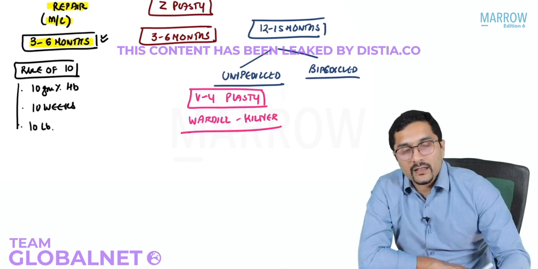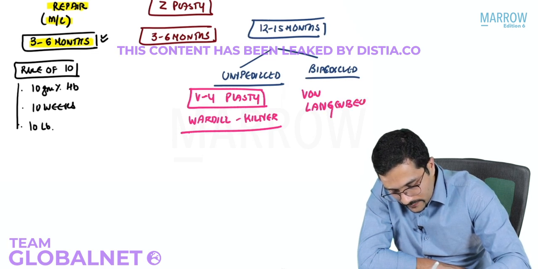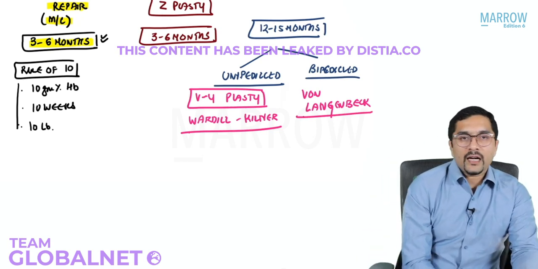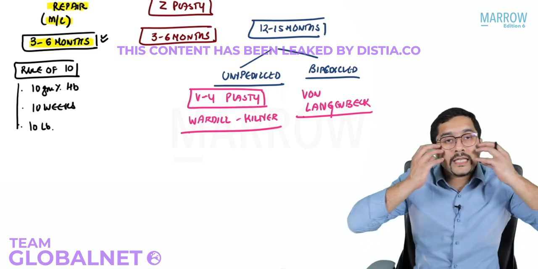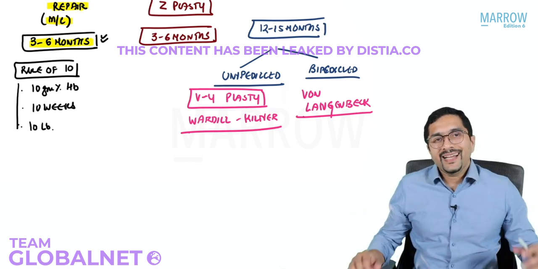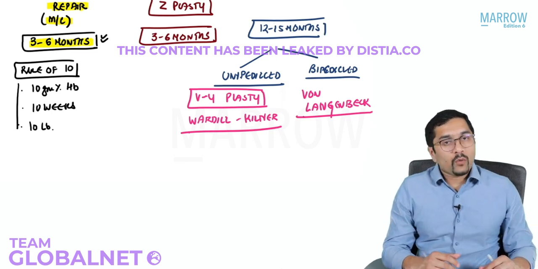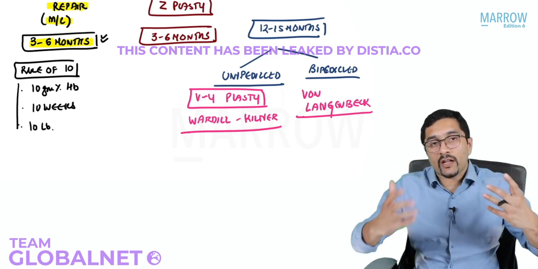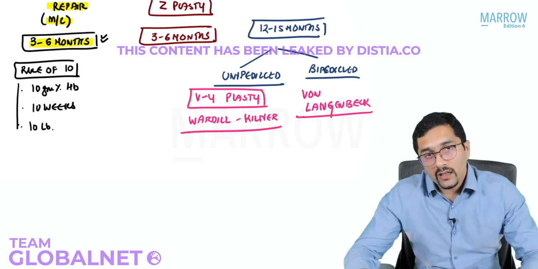Whereas the bipedicled one is known as the von Langenbeck repair. In hard palate we wait for 12 to 15 months because we allow for the bony growth of the hard palate. If we carry out surgery before 12 to 15 months, it will hamper the development of the bony structure. That is why we wait in hard palate.